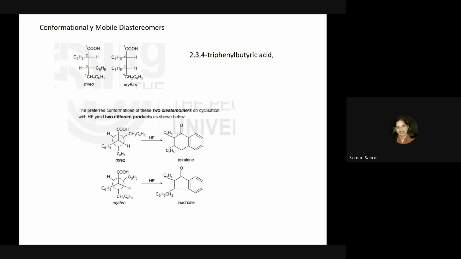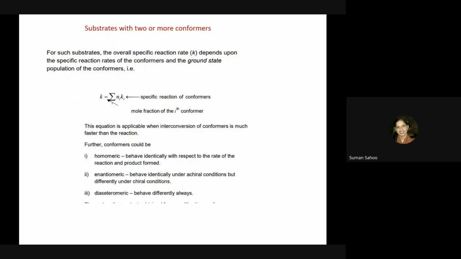And sometimes you can have conformationally mobile diastereomers. Among them, some are more stable, and one gives one product, the other could give another product. When we have substrates with two or more conformers, some conformers are in a stable state and some are less stable.